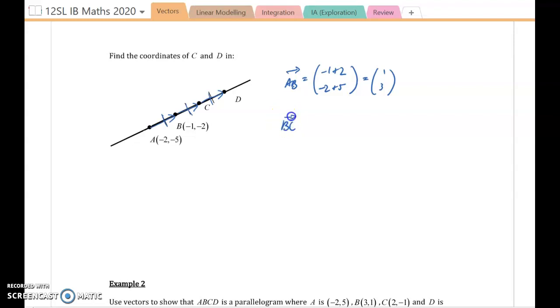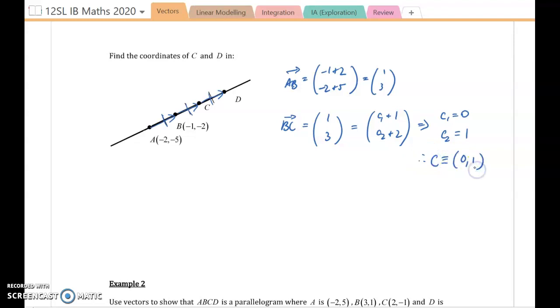Then BC, let's say C is C1, C2, would be also 1, 3, and if we work it out using C1 and C2, would be this. That means C1 must be 0 in order for these two numbers to be equal, and C2 must be 1 in order for them to be equal. Therefore, C has coordinates 0, 1.